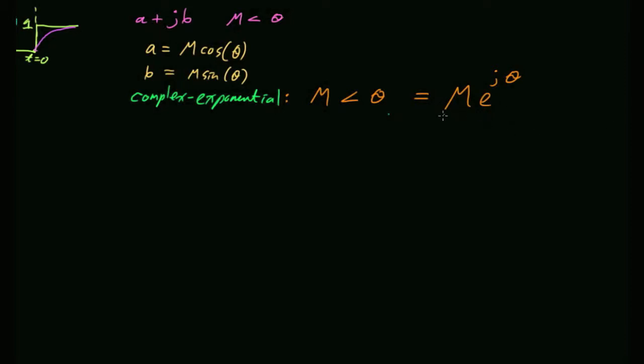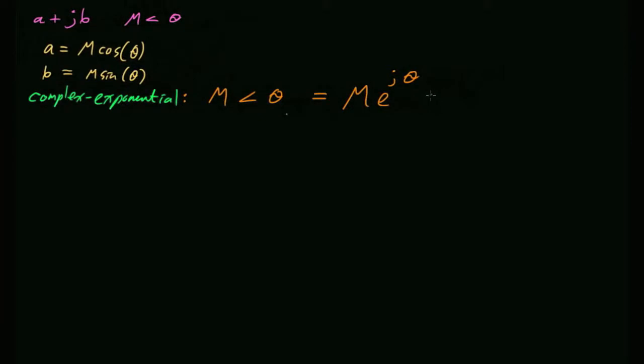So m, same magnitude as your complex number, and then you have e to the j theta. And the definition of that is like this. That is equal to m times cosine theta plus j sine theta.